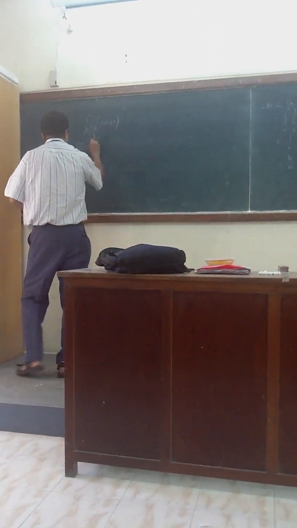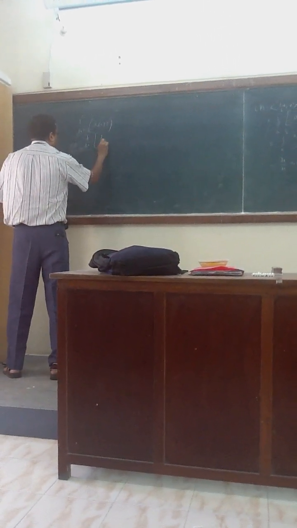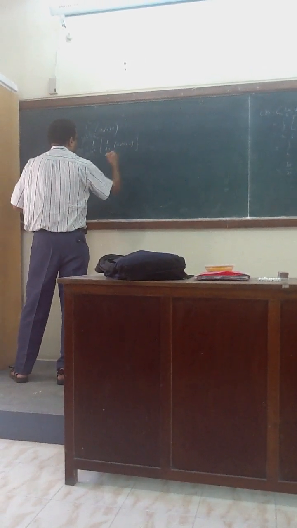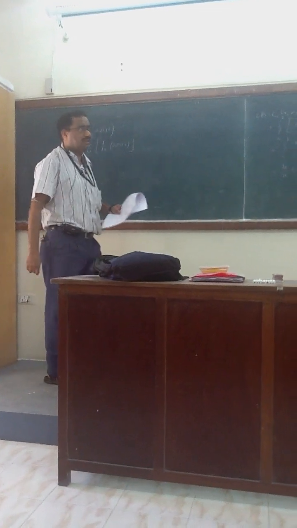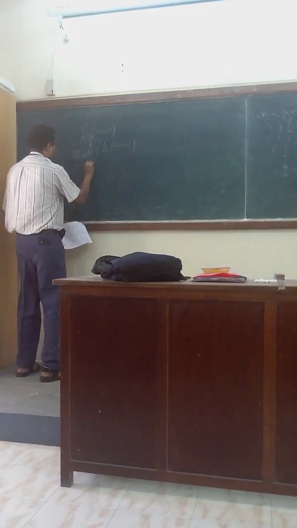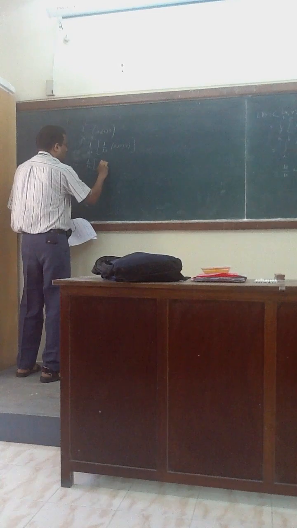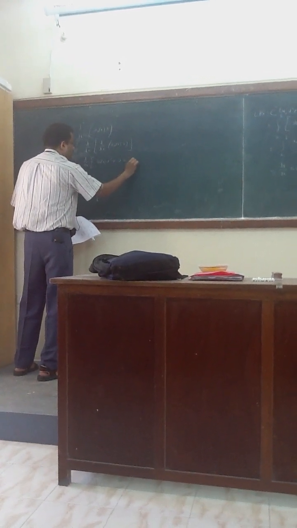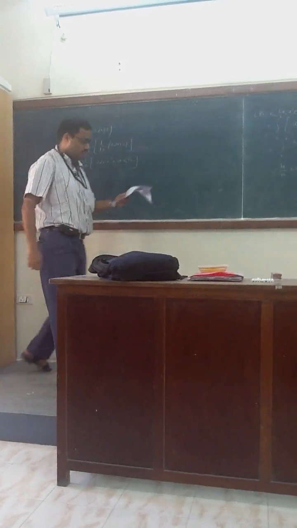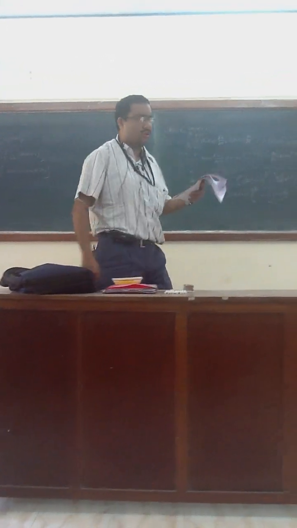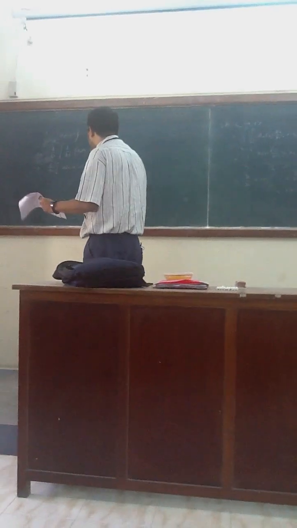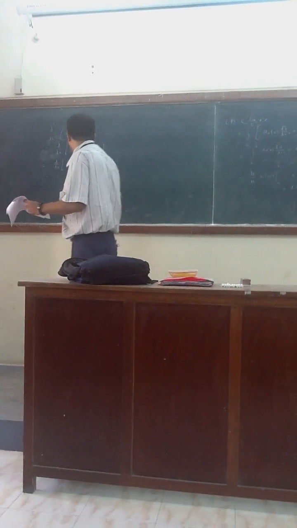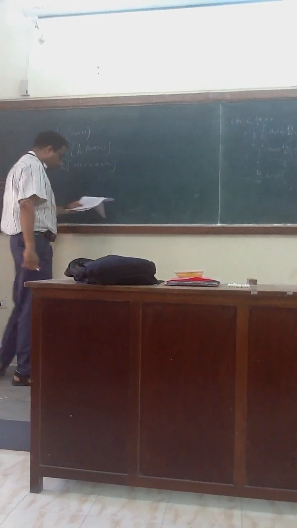We can write this as d/dx of (a0(x) b), and then from here two terms will be coming: d/dx of (a0(x) b' + b a0'(x)). Then each of these two terms you have to differentiate like this: d/dx of a0(x) b' plus b a0'(x).